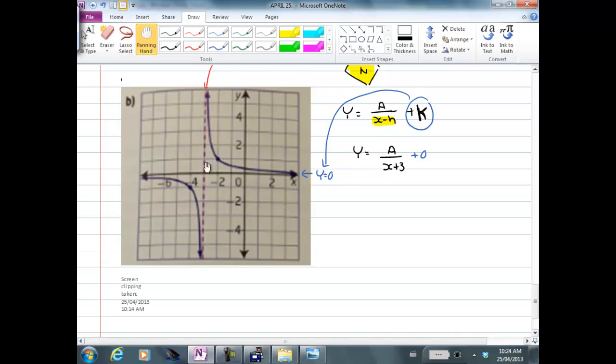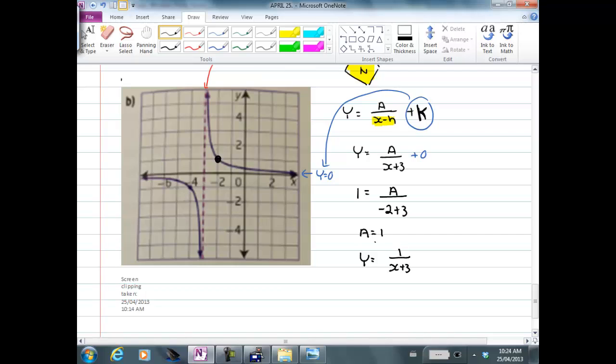So I'm going to use this point right here to plug it in. So I'm going to let y be 1 equals to a over -2 plus 3. I solve for a. A equals to 1. Your final answer must be rewritten properly as 1 over x plus 3. That is it.